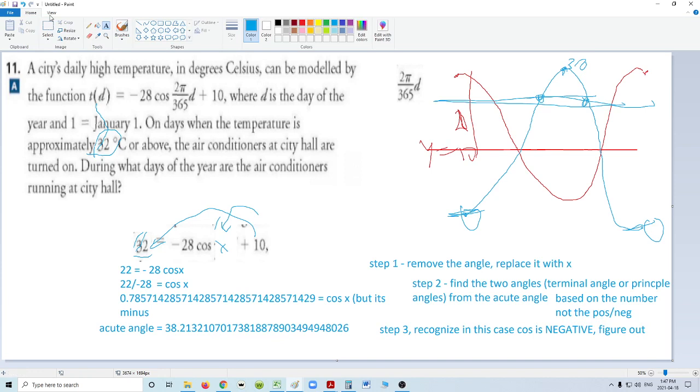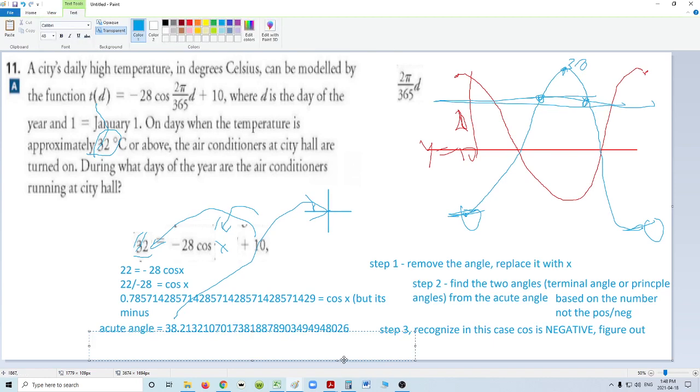According to CAST, cos is positive here and positive here. Therefore, we're dealing with quadrant 2 and quadrant 3, and the acute angle that we're talking about is that. So to figure out the principal angle, I'm going to take 180 and subtract that, and 180 and add that. Now notice I'm working in degrees.